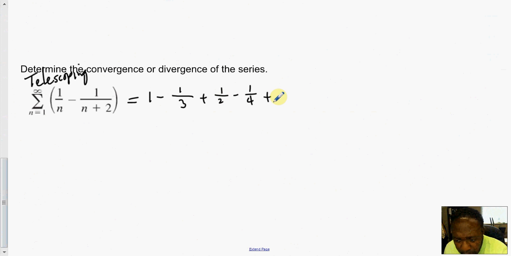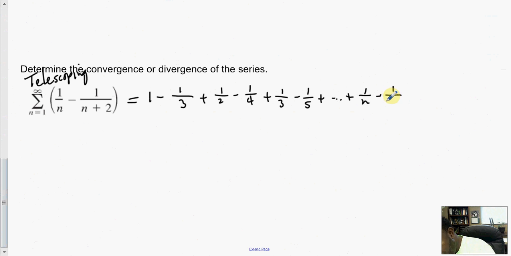I lost my count. n is 2. n is 3. Get 1 over 3 minus 1 over 5. And you can keep on doing it, but I think you get the picture. Plus, and so on, plus 1 over n minus 1 over n plus 2, plus and so on.